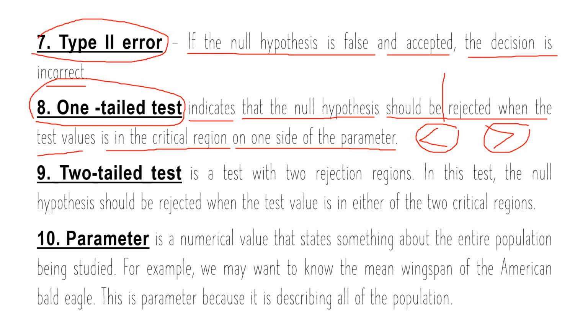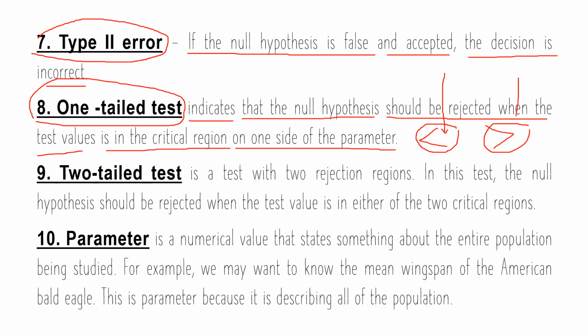So if the problem mentions that your population is less than, then we're going to subject the negative part of your normal curve, or the left side of your normal curve.